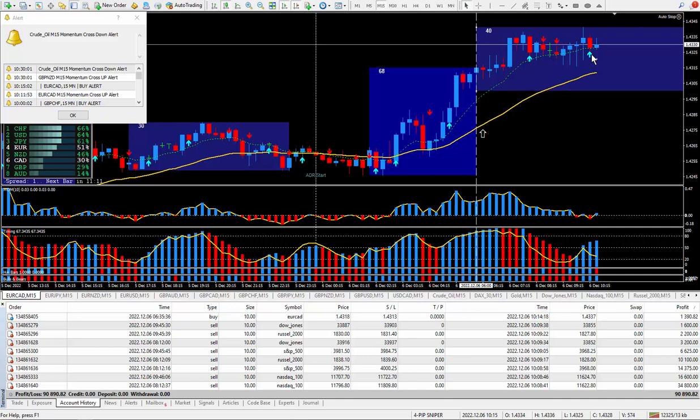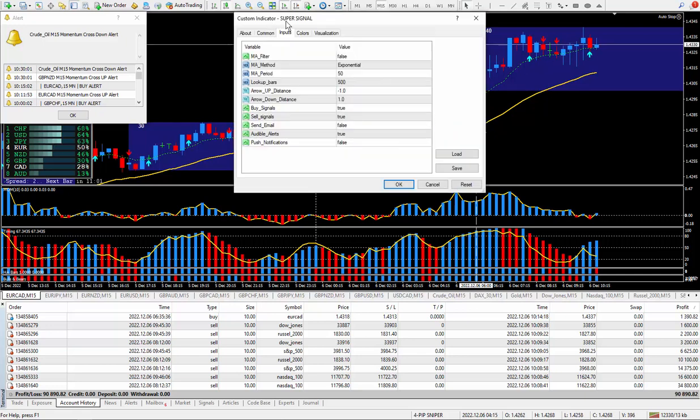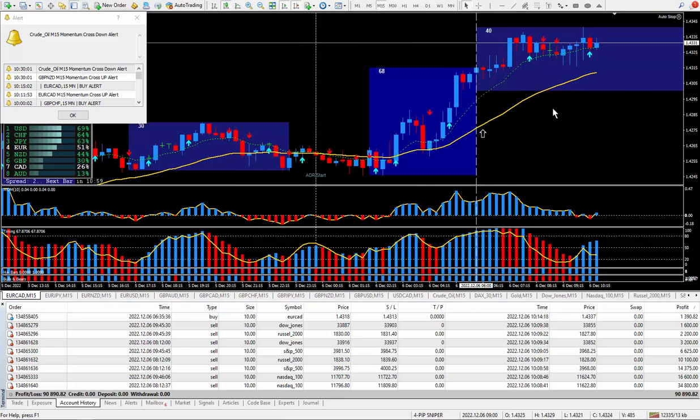This arrow is part of the, as soon as I can bring it up, let's pull up any arrow here. This is part of the super signal. But you will get an alert when it goes from red to blue. It'll say cross up.